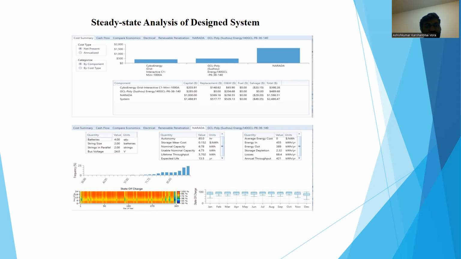Batteries quantity is 4, string size is 2 batteries, strings in parallel is 2, and bus voltage is 24 volts. Here are the different quantities like autonomy, storage, wear cost, nominal capacity, and expected life, and you can see the state of charge, which is around 100 percent. The state of charge is shown for the different months from January to December.